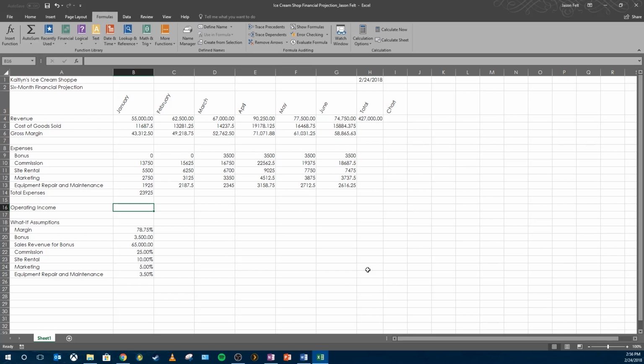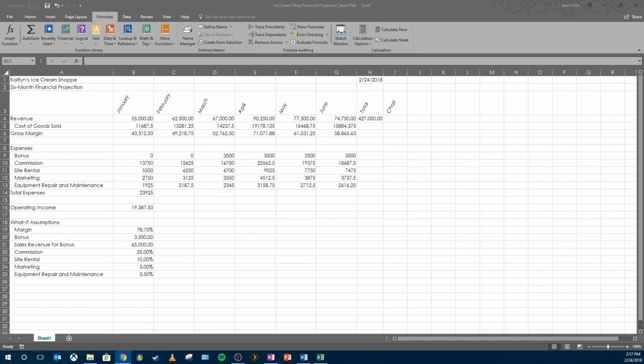Are we going in the black, which is positive, or going in the red, which is negative? We're going to figure that out by doing B6 minus B14. We're going to see how much money we have, how much we've made, and how much we have after expenses. That's $19,387.50. So that's how much money we have extra after the month.